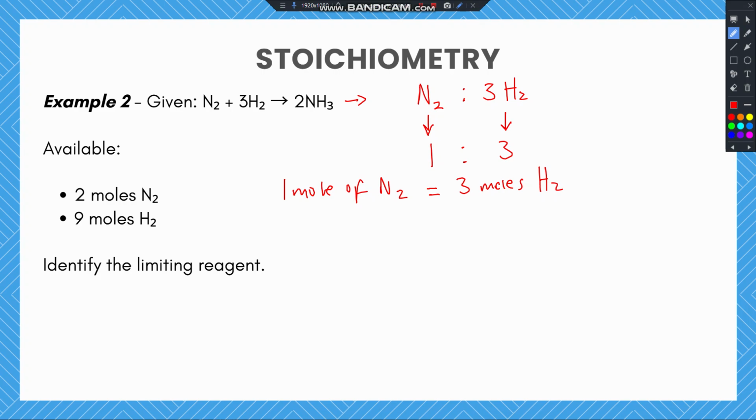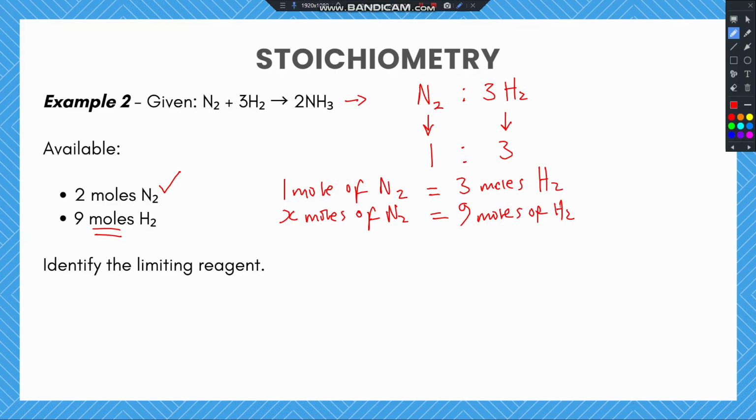So let's assume we do not know the number of moles of nitrogen that are needed. Let's see how many moles of nitrogen will be needed to react with 9 moles of hydrogen. So under here, write X moles of nitrogen will be needed to react with 9 moles of hydrogen.